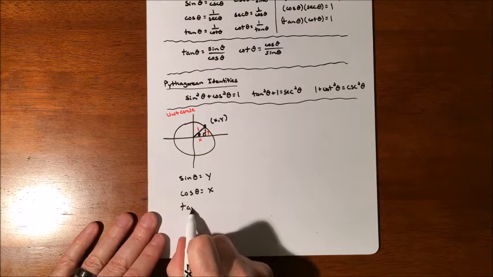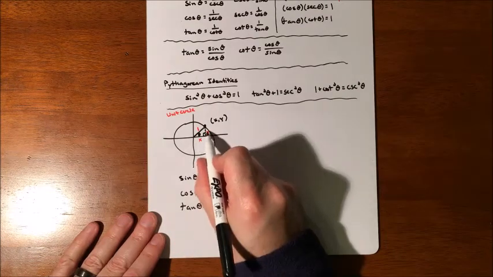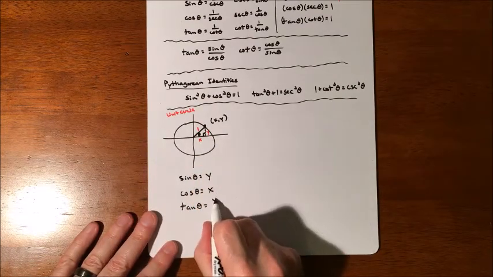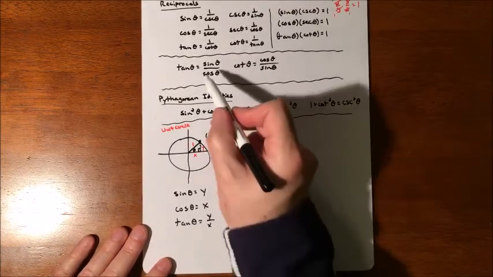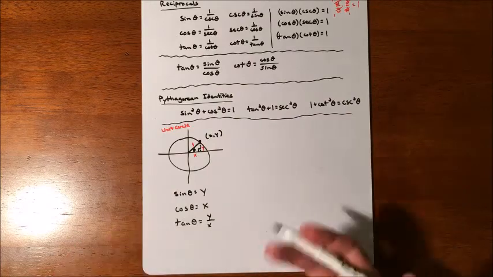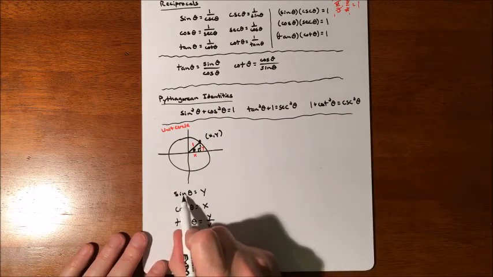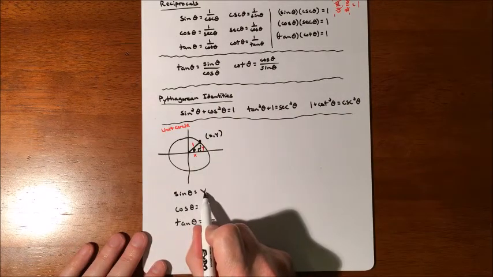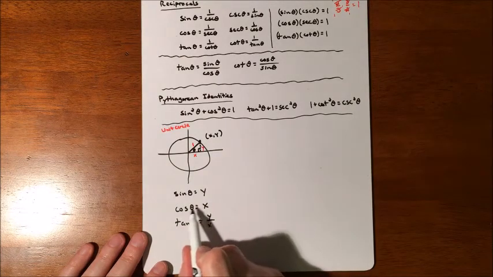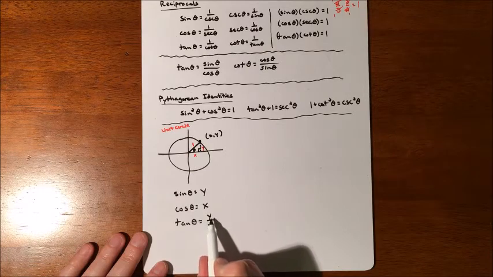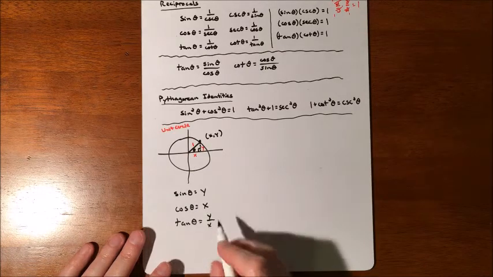And tangent is going to be opposite over adjacent, so y over x. How does that tie in? Well, things are interchangeable. Sine is equivalent to y, so if you have a y value, you can replace it with a sine. And x can be replaced with cosine.